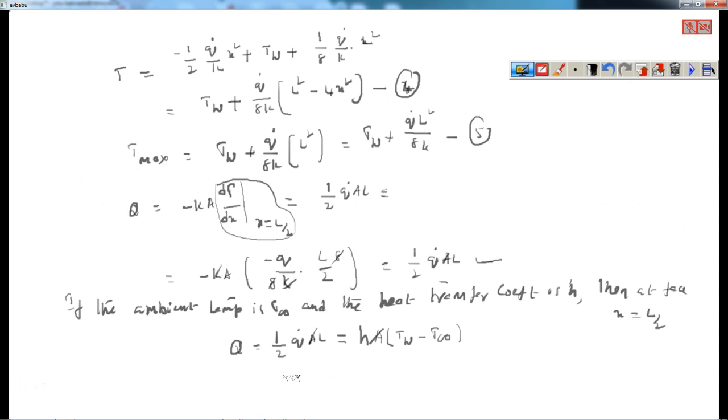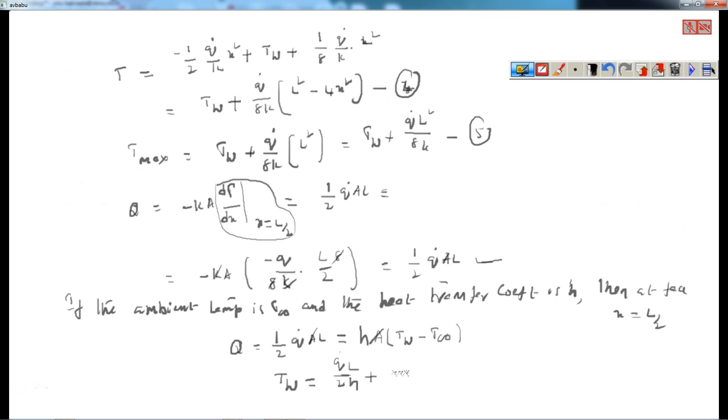Now I am trying to bring it into the form T_W equals q dot L by 2H, as it is there, and H will come here, plus T infinity.